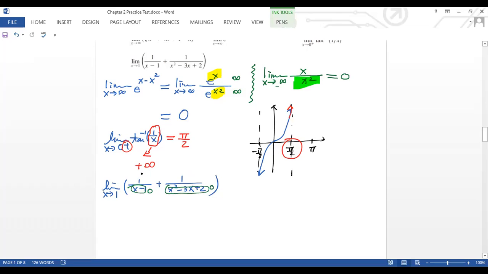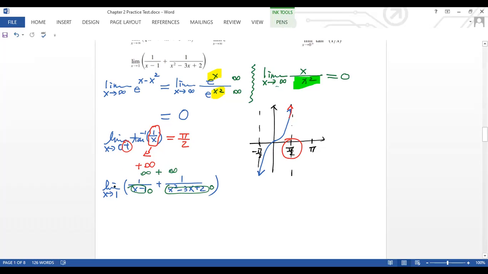So 1 over 0 approaches infinity. So this will be infinity plus infinity, right? And because these approach infinities, sometimes this one is going to be negative, right? Okay, so now let's see what we do here.